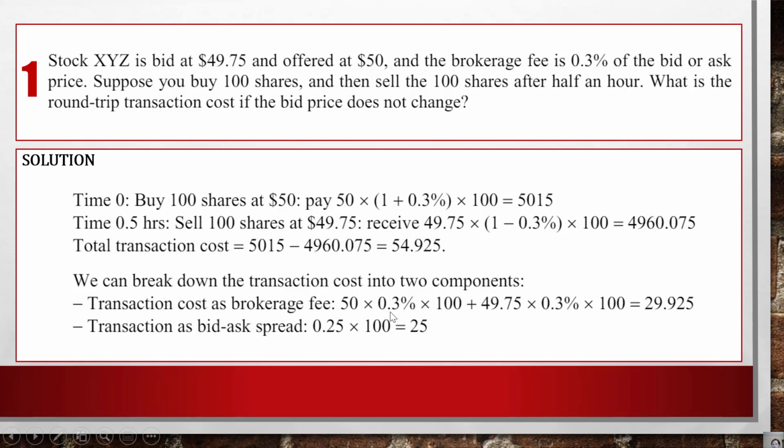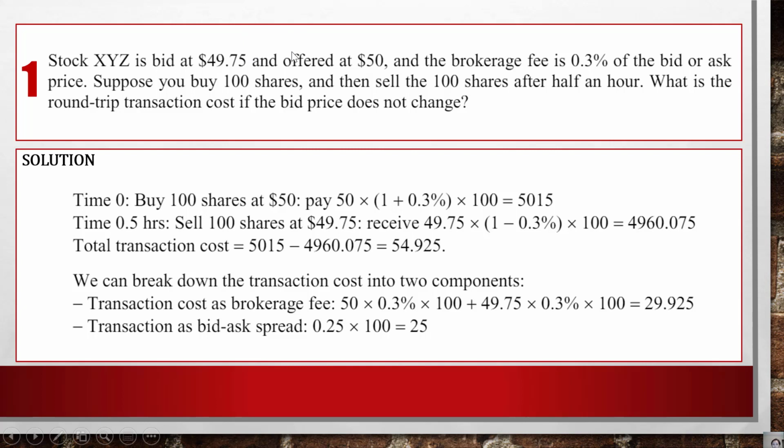This is the transaction cost at time 0, and the transaction cost at time 0.5 is 49.75 times 0.3% times 100, and when we sum them up, we got 29.925.